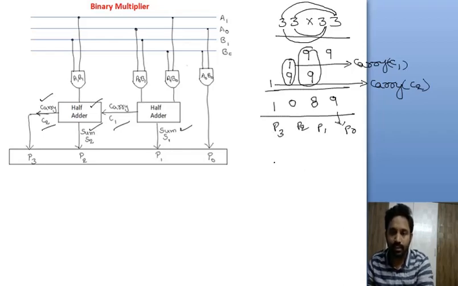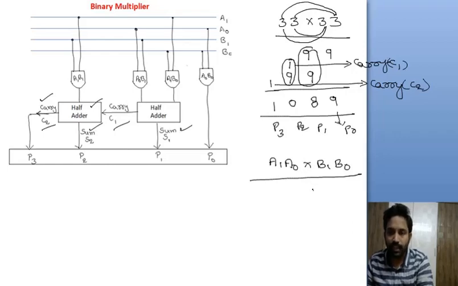To understand the same thing, how we consider these AND gates and these two half adders, you can observe the simple technique here. This is A1 A0 which is multiplied by B1 B0. Only these bits are considered in the design of the circuit.